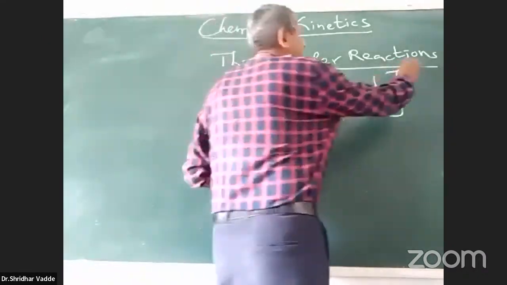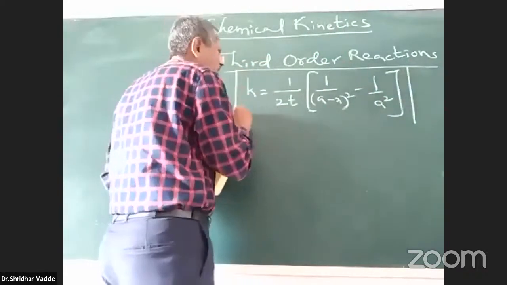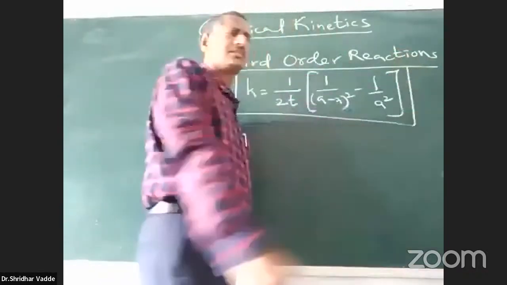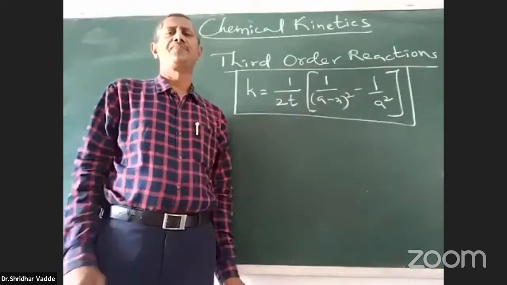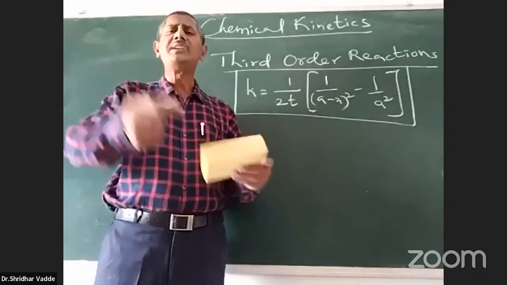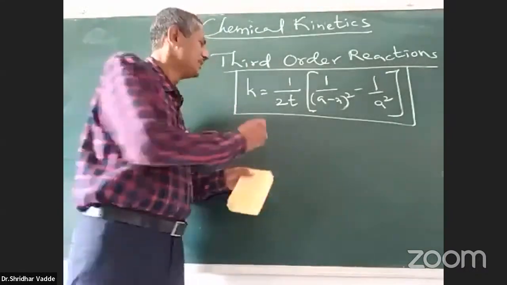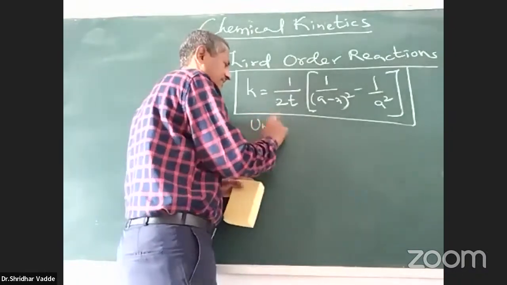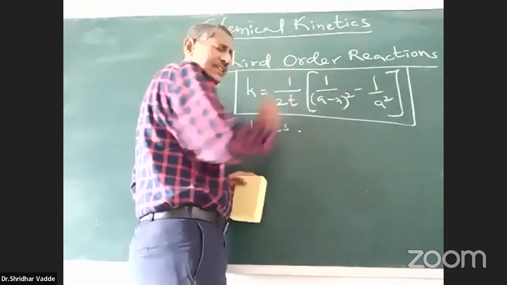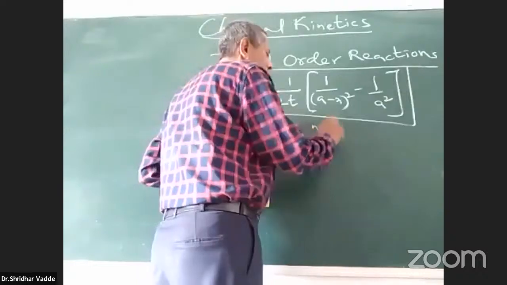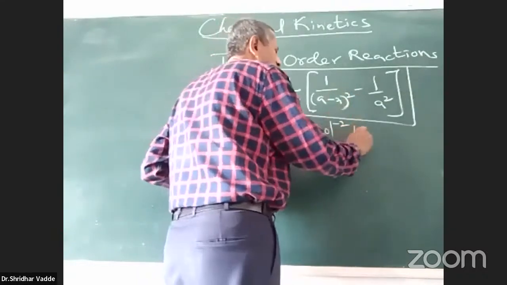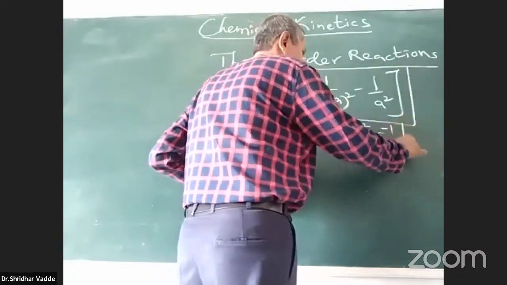So this is the integral rate constant for the third order reactions. And what are the units of rate constant? The units of rate constant of third order is mole inverse liter square second inverse.